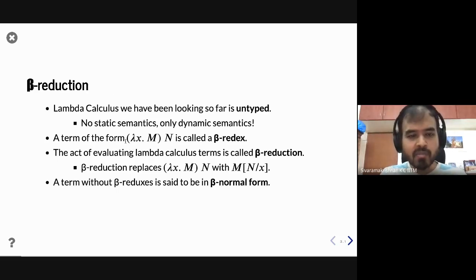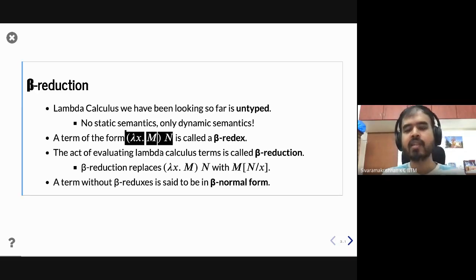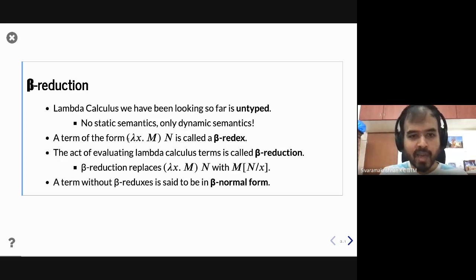And the form where you have lambda x dot m applied to n is called a beta redex. And why is it called a beta redex? It is the application where the left hand side is a lambda abstraction, and the right hand side is an arbitrary term. We don't care about that. So we can actually perform the reduction.